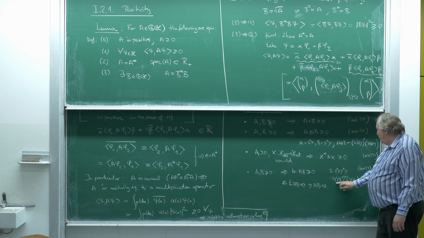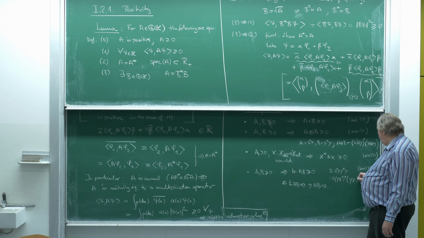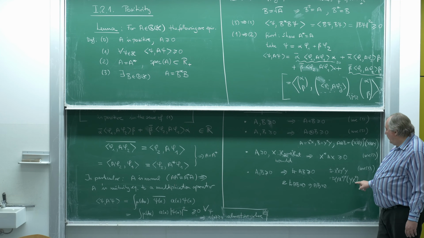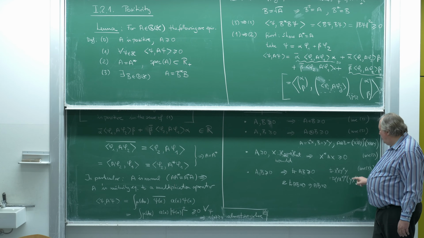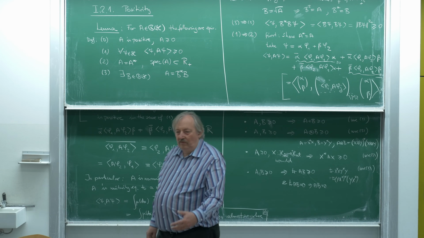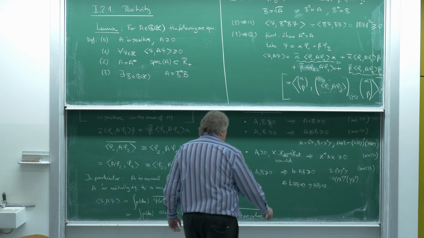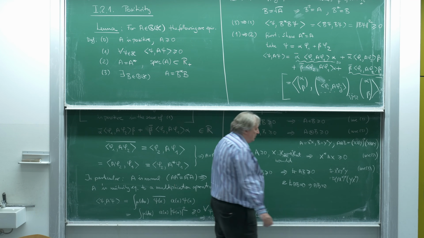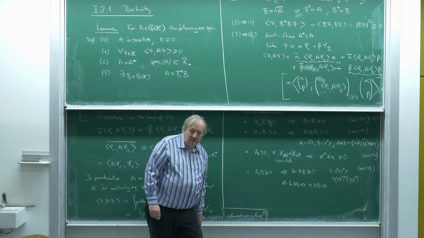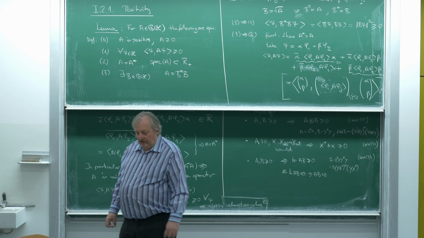And then we apply it to this guy, so we conclude from this that y x star, there should be a star here, is actually 0. But then we can take this and multiply it from the right with x and from the left with y star, then it's still 0, so AB is 0. So this is also a useful statement: if a trace vanishes, an expectation value vanishes, then the product of these operators also has to be 0.